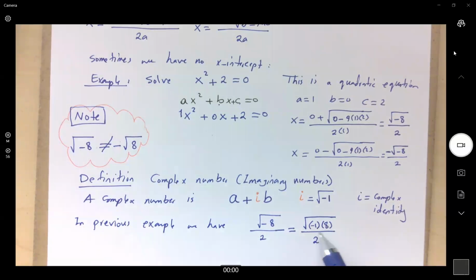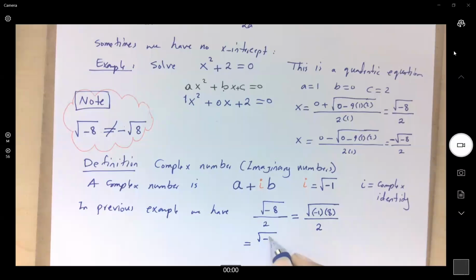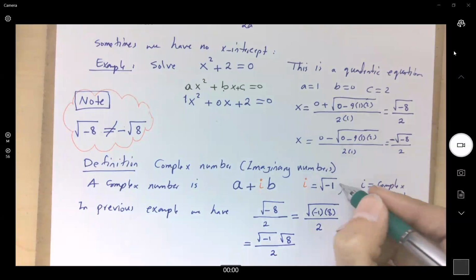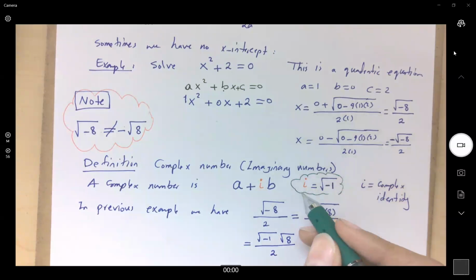We can separate these two numbers and write it as square root of negative 1 times square root of 8 divided by 2. You just define something new. Wherever you see square root of negative 1, just replace it by I. So this has a notation, which is I.